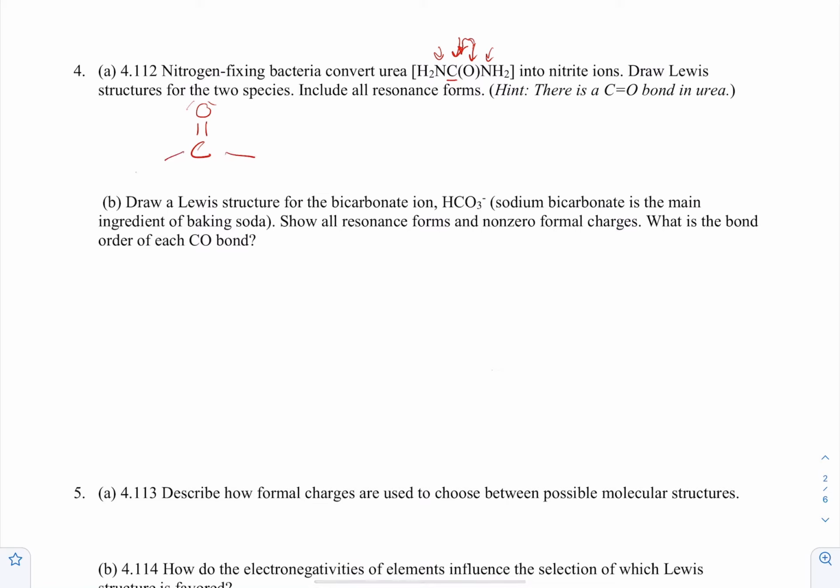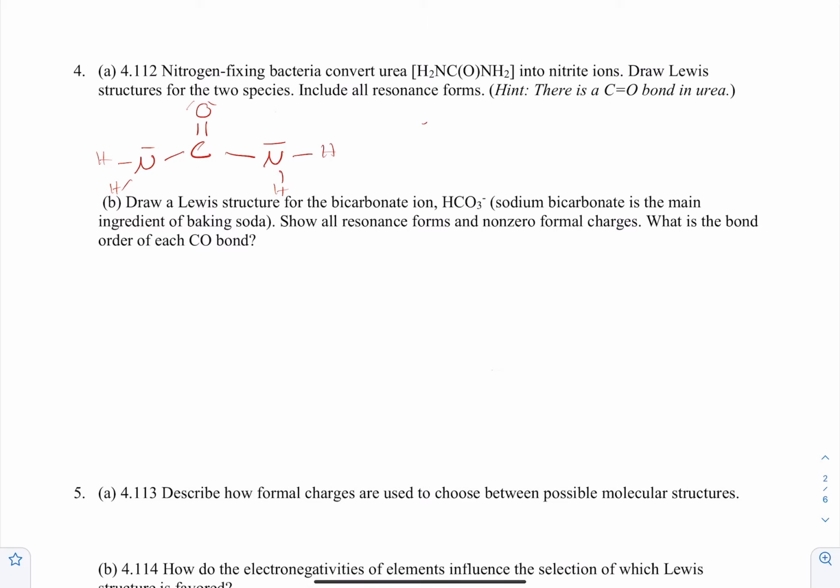So I'm going to say nitrogen here and nitrogen here, and each of those hydrogens are bound to that nitrogen there. And then I'm going to give everybody an octet. So thus far, all I needed to do was put these lone pairs on these nitrogens. I'm not going to go through the whole numbers and counting, but you'll find out that this is actually what the Lewis structure looks like, okay?